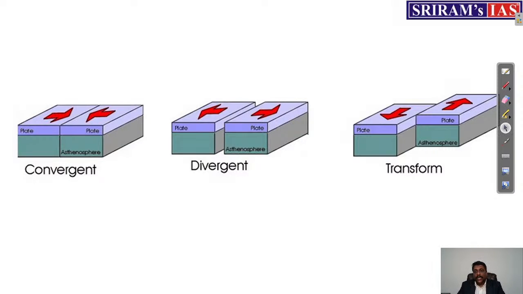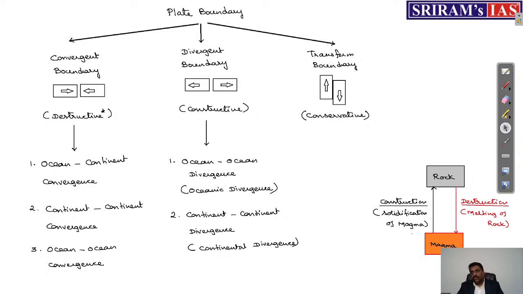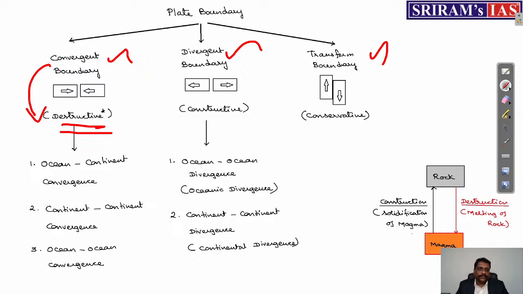Now, for understanding, we have classified this boundary into 3 types: convergent, divergent, and transform boundary. They have their own meaning, and they have other names also. For example, the convergent boundary you call a destructive boundary. What is the meaning of destructive here? Whenever rock becomes magma, the rock gets destructed.